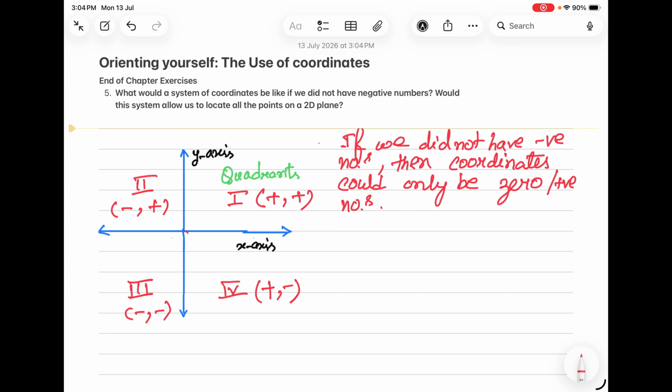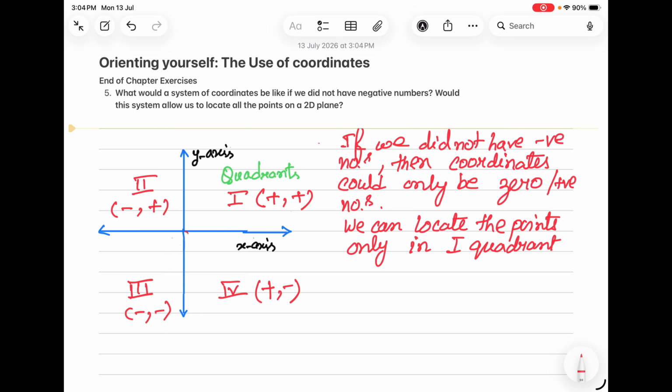That means we can only locate the points in the first quadrant or in the origin, because the coordinates of the origin are 0, 0. Therefore, that is the answer of the first question.